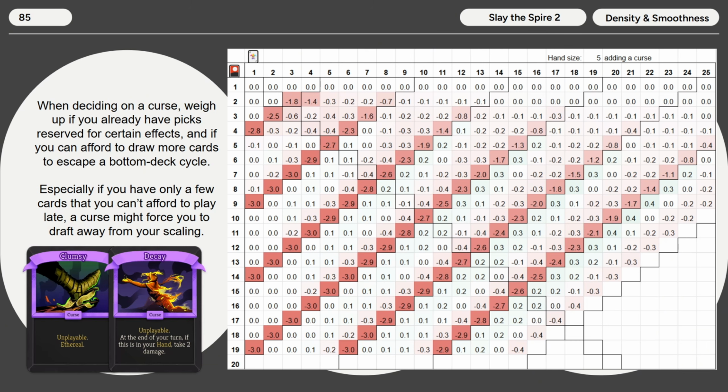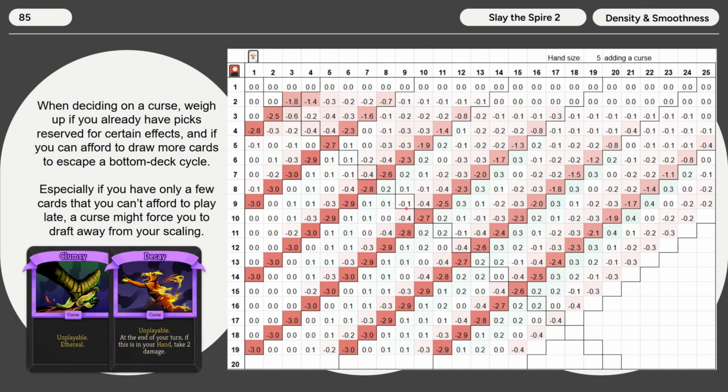You should also consider if you can afford to draw more cards to escape a bottom deck cycle. One of the ways you can escape this negative shock is just to add more cards. Like you can see here, if you have a bad deck and you take this negative shock of a cycle, then actually adding a curse, being bottom decking there, is so negative that adding a curse improves your surplus.